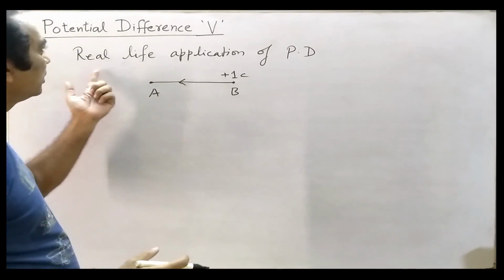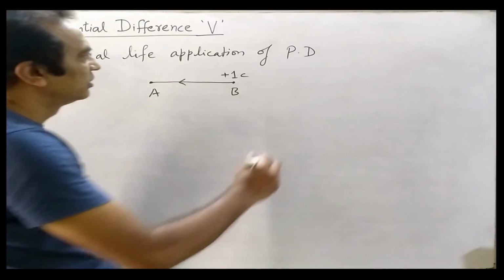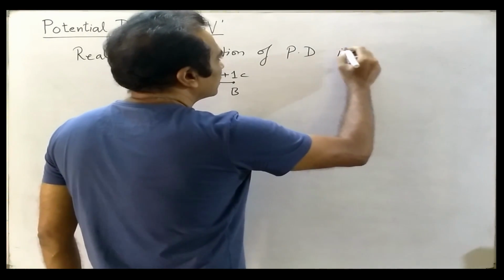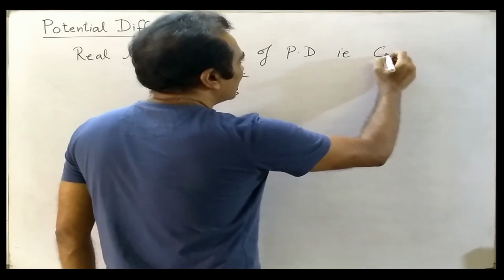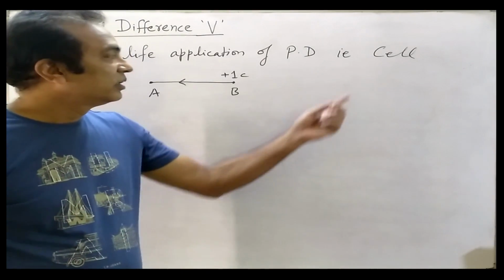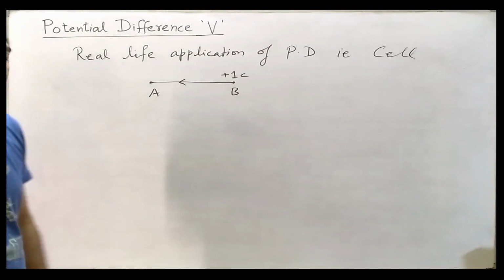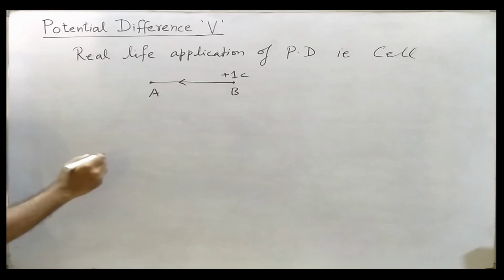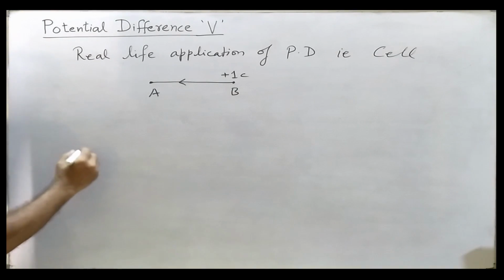Take the real life application of potential difference, that is a cell. We use cells in daily life and we'll understand potential difference with the help of a cell. Let's see what is inside a cell.